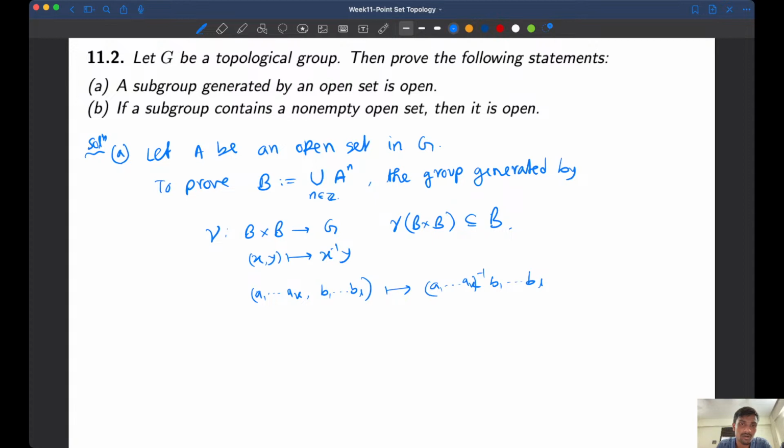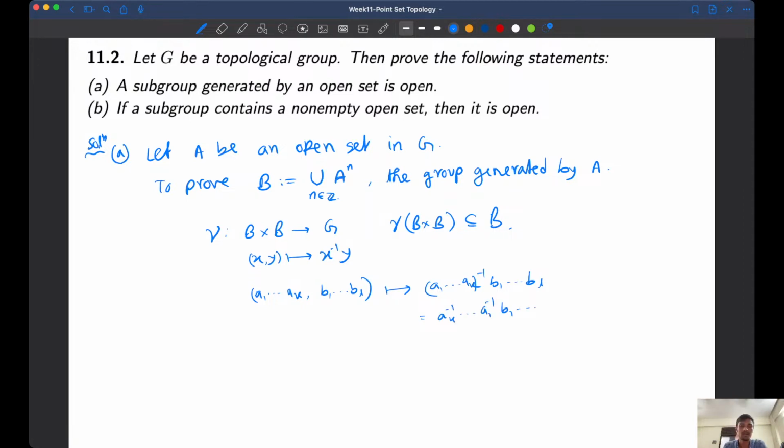Okay, so here if you just see, this clearly belongs to here, because it is ak inverse dot a1 inverse b1 through bl, right?